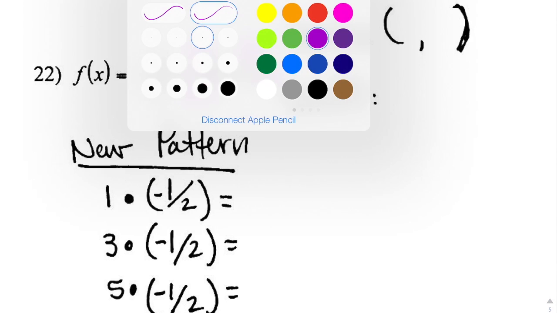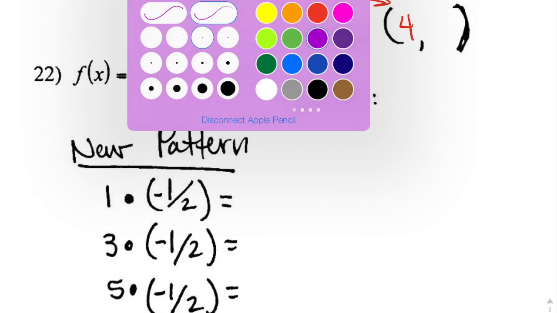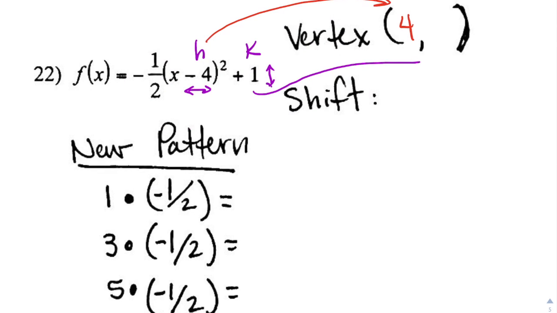I'm going to pull my H value out, turn it to its opposite, and grab my K value, keep it the same because it's outside the parentheses. I'm going to describe my shift. So again, the K value is up and down. In this case, it's going to be up, so I'll just draw an arrow up.